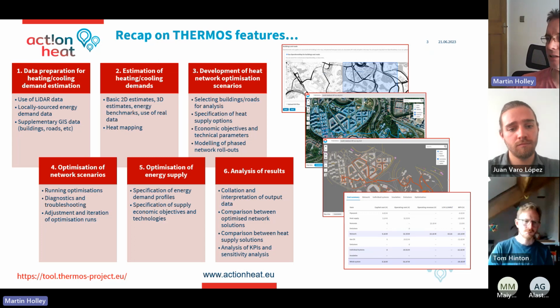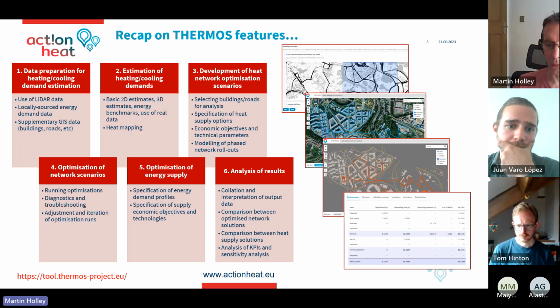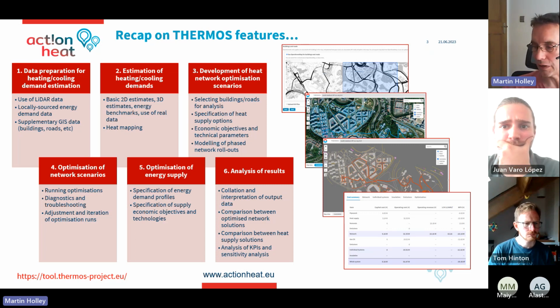So there's the feature of the facility to select buildings of interest, and either make them optional or make it so that the model definitely includes them. So you can set objectives along those lines, and you can also, in a fairly basic way, define a heat supply. We'll talk about how that links to the supply model in a bit.